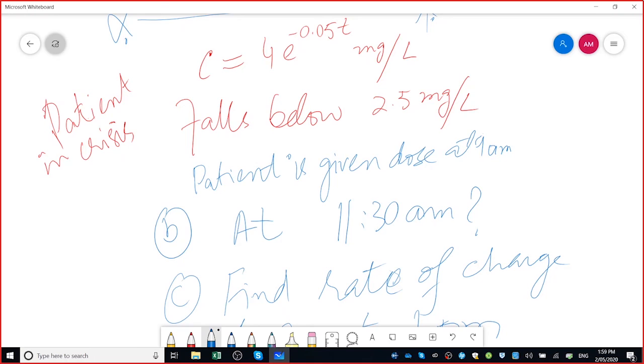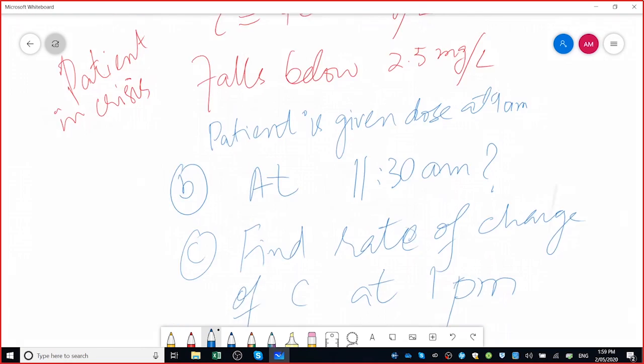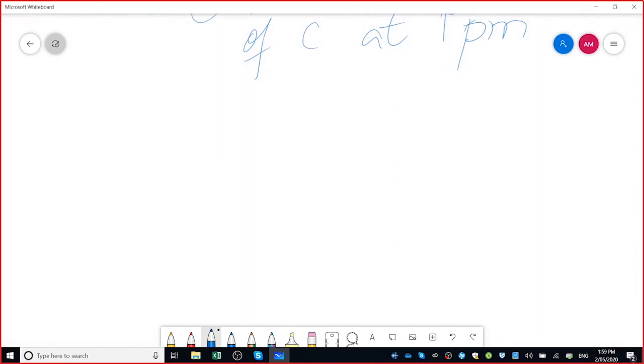Now the question had marks of 1, 2, 2, and the D part has 3 marks. It says at what latest time the patient can receive another dose of the drug if they are to avoid being in crisis.